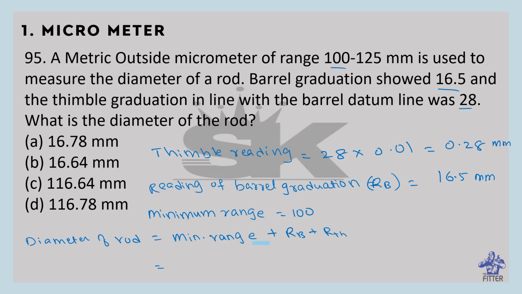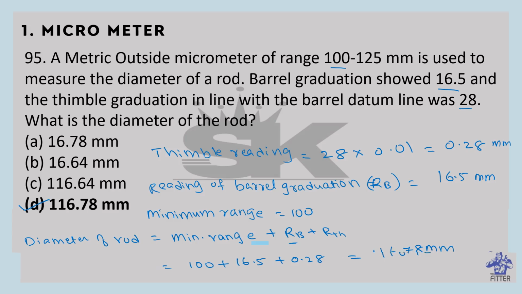So that is equal to minimum range 100 plus RB 16.5 plus 0.28. So it is 116.78. So this is the answer, 116.78, option D. Option D is the right answer.